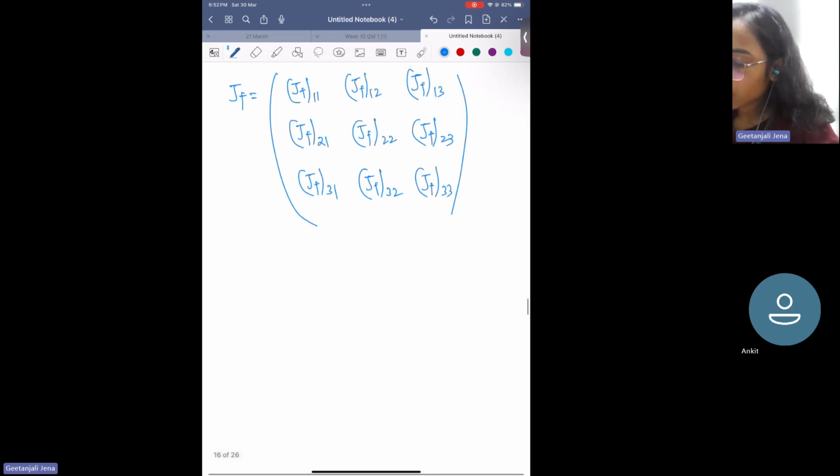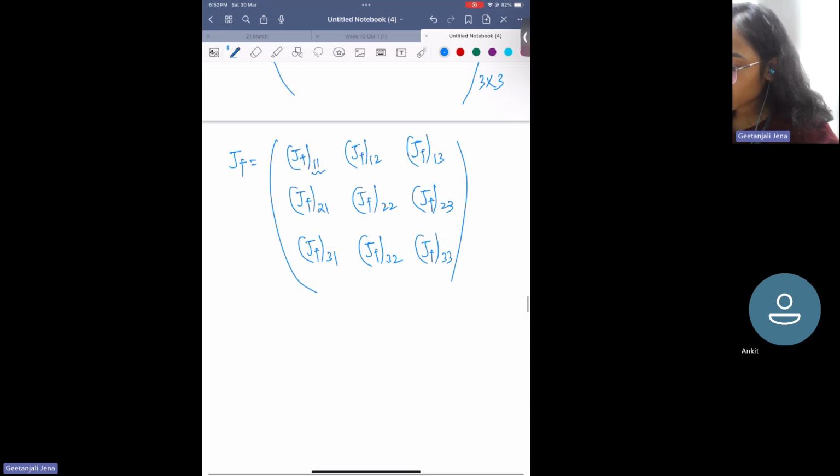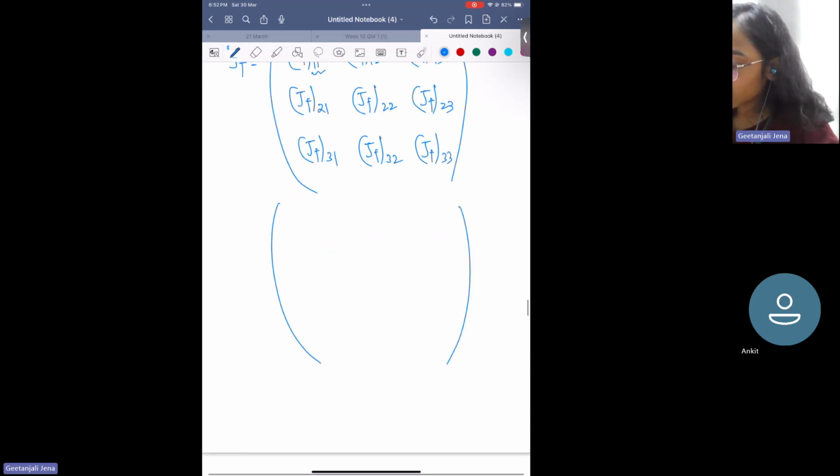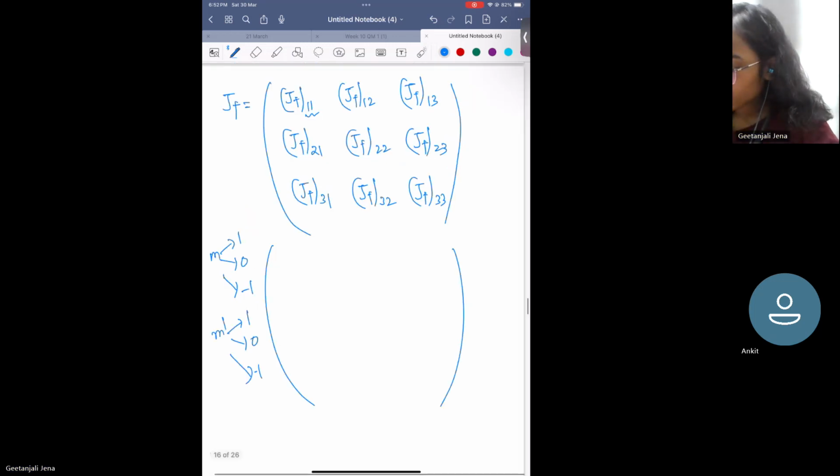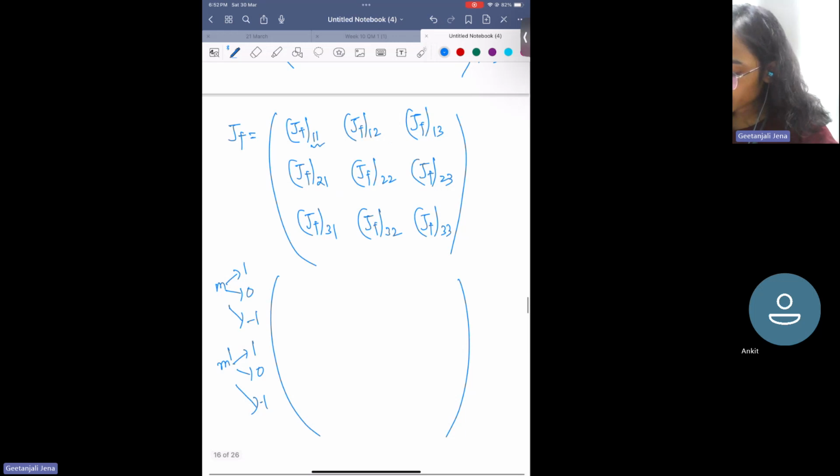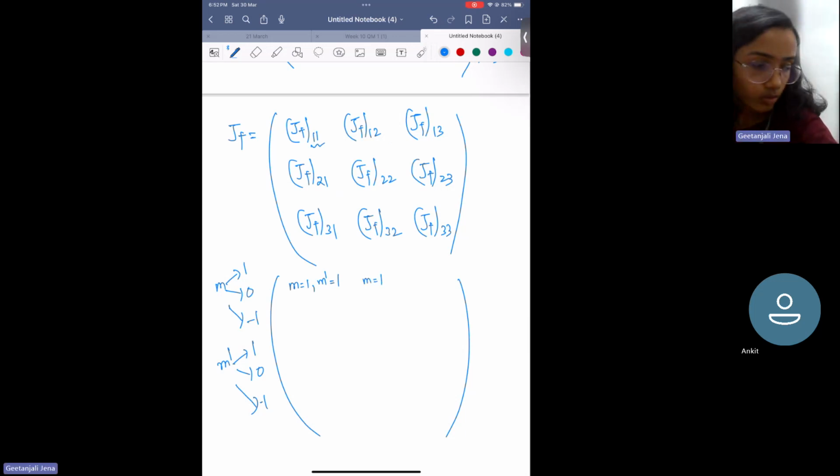So for 1 1, I have taken m equal to 1. M has 3 different values, 1, 0, minus 1. Similarly, m prime has 3 different values, 1, 0, minus 1. For 1 1, m is 1 and m prime is 1. For the second one, m is 1 and m prime is 0.